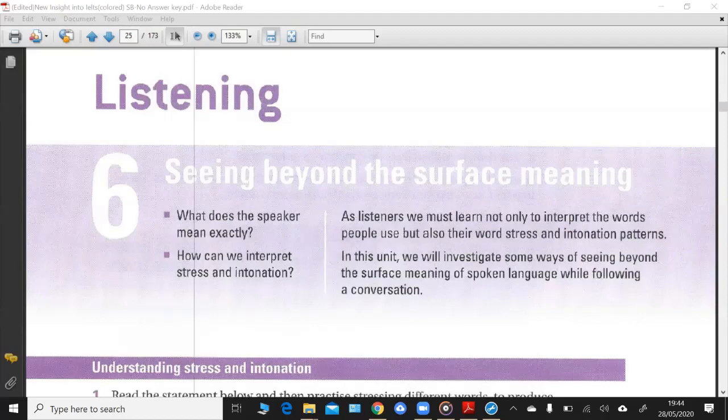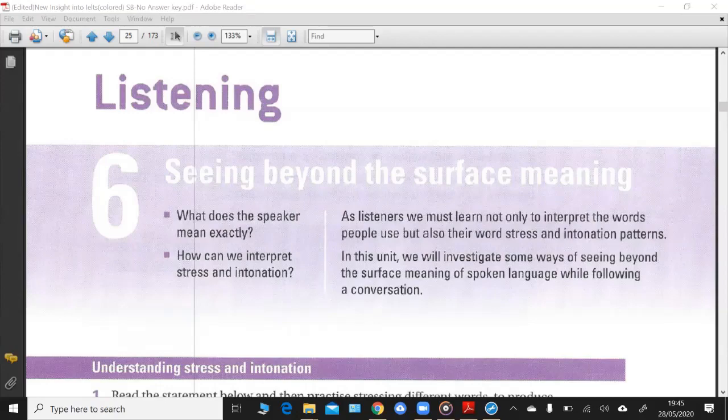I mean, how can we understand from the stresses and intonations he is using, on what words he's putting stress, and how the voice is falling or rising? Intonation is how your voice goes up or down, or falls or rises. Through that, we try to understand what he wants to say.